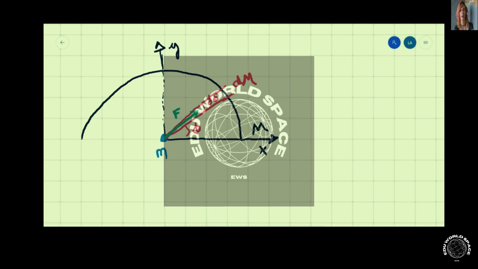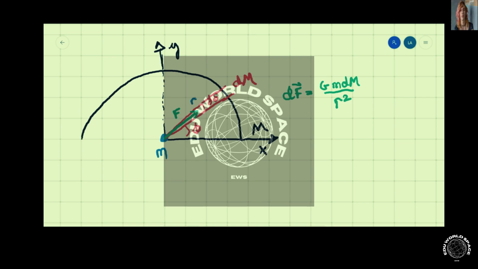And we know by Newton's universal law of gravity that the force due to this little differential piece of mass on this point mass is going to be, I'm going to draw it as dF, equals the universal gravitational constant times the point mass times the differential mass over the distance between the two masses squared.